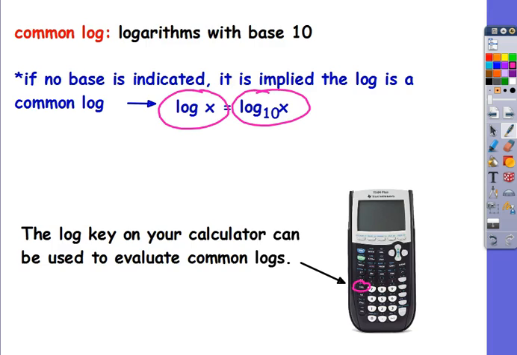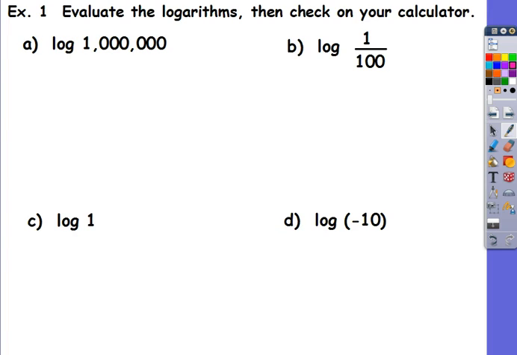So if you punch that button, you can do any logs with a base of 10, common logs, on your calculator. So first example, evaluate the logarithms, then check on your calculator. So on all of these, I'll notice that there's no base written. I'm just going to go ahead and write in 10. If I don't see a base, it's implied my base is 10. And then just like yesterday, if I'm evaluating this log, I'd be thinking, well, my base is 10. What is a logarithm?